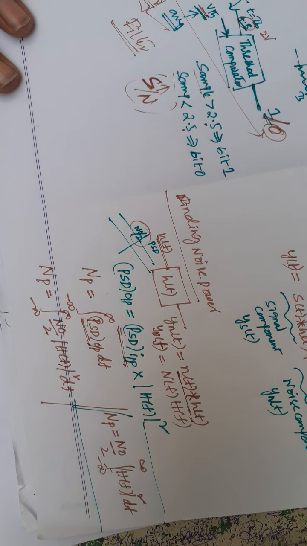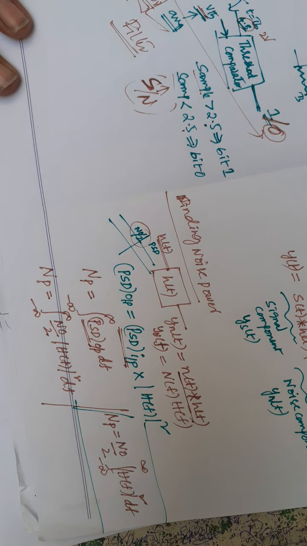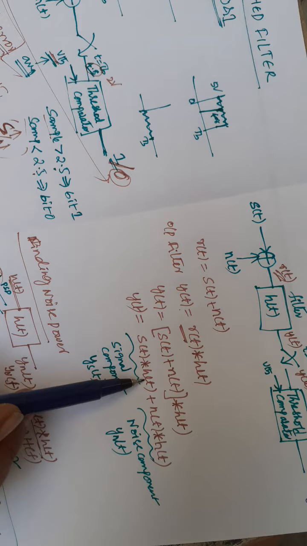Now similarly I am going to find the signal power. The signal component is s of t convolved with h of t, right.